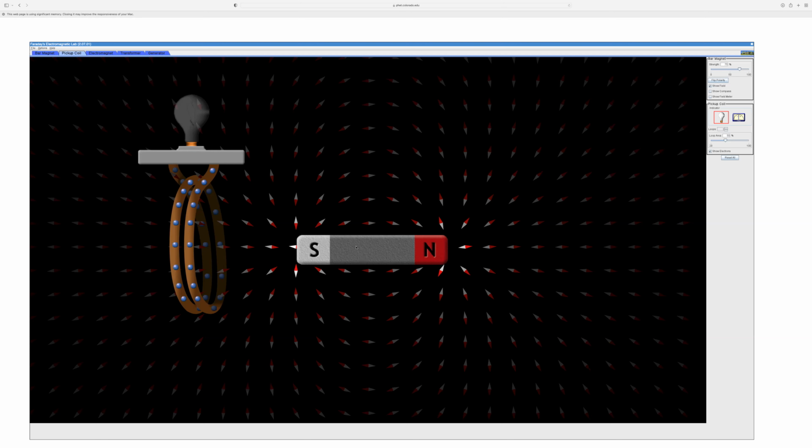And when we are trying to decrease the flux, opposite pole gets generated. Is it clear? Whenever we try to increase the flux, same pole gets generated, and whenever we try to decrease the flux, opposite pole gets generated.